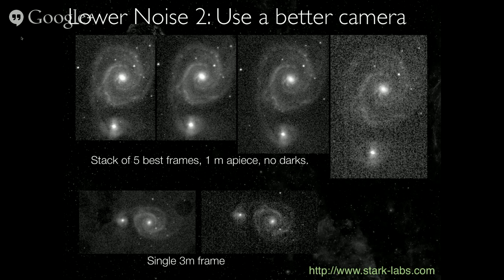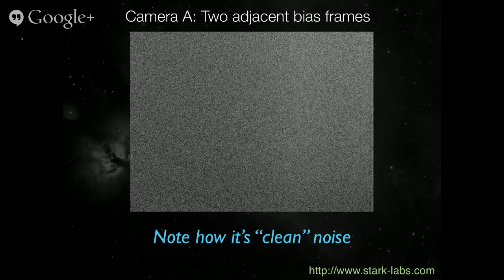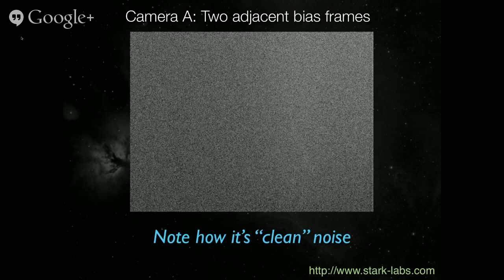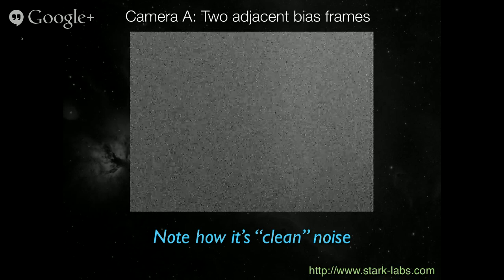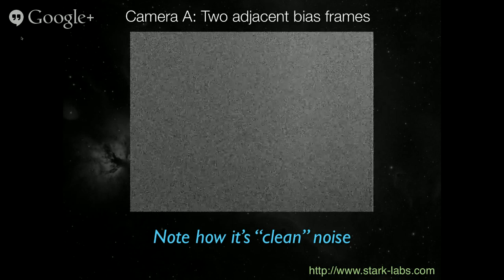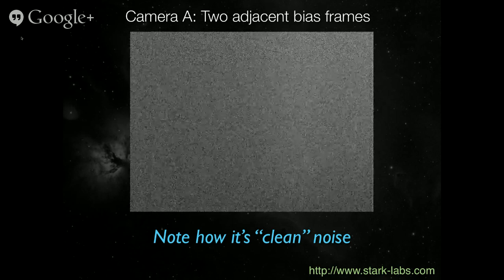There's another aspect, and that is what the noise really looks like. What I'm showing you here is a bias frame taken from a particular camera. Now I'm going to flip over and show you an immediately adjacent bias frame. If I bounce back and forth between these, I'll do it slowly so the video has a chance to catch up.